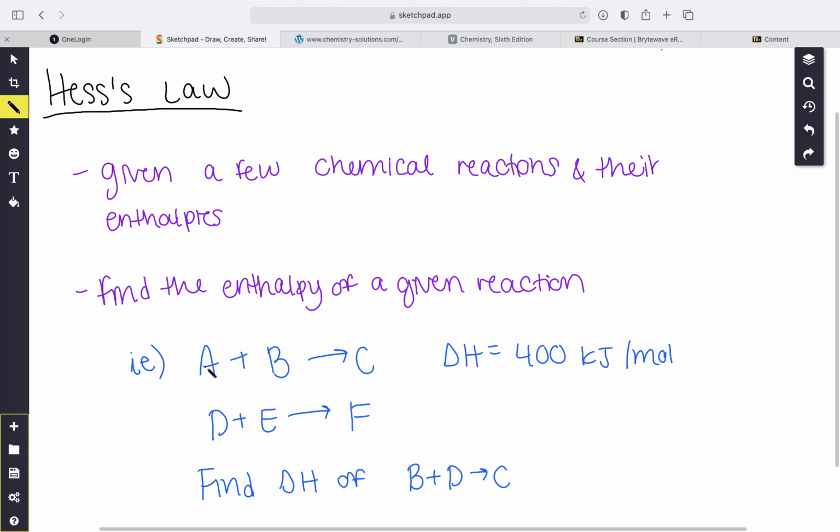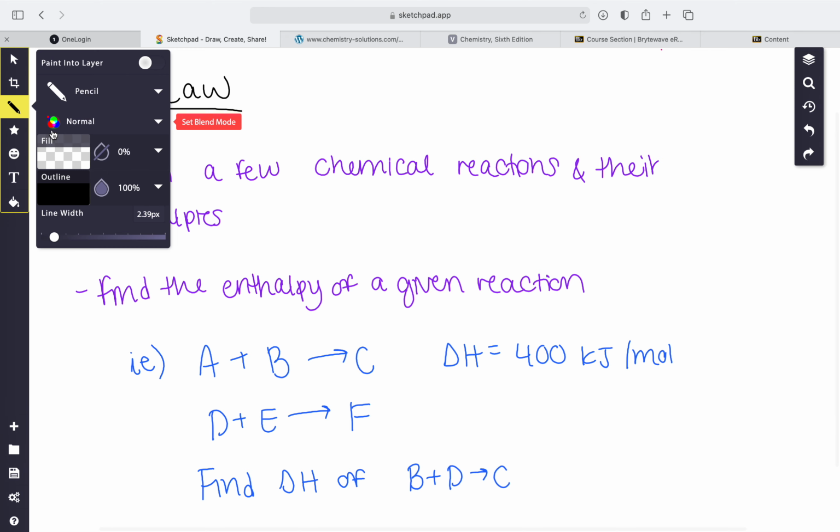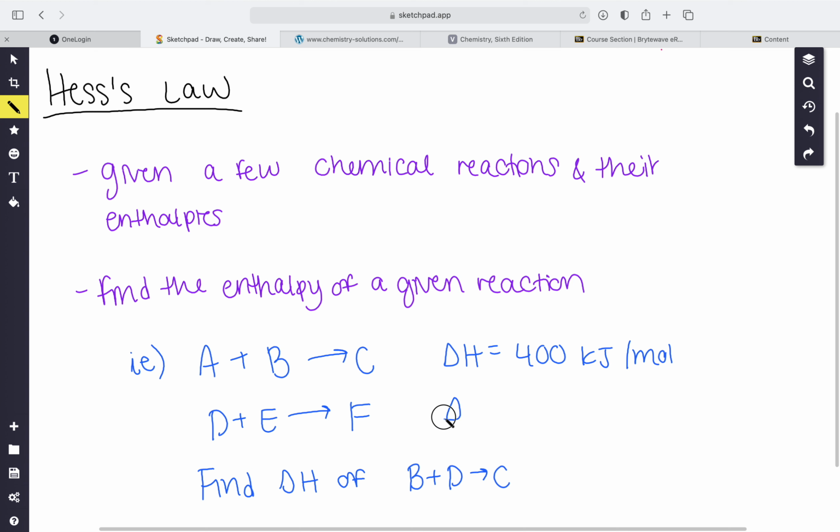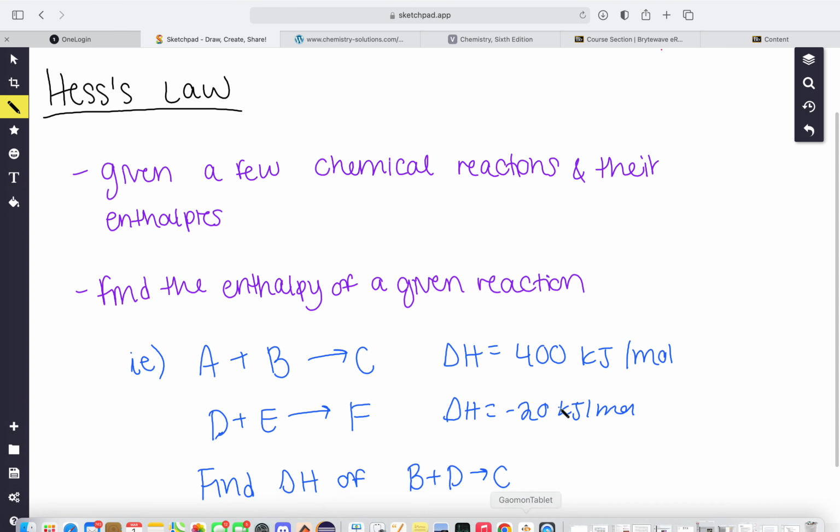Say that we have something like A plus B yields C, and the change in H is 400 kilojoules per mole right here. And then down here, we have D plus E yields F, and the change in enthalpy is going to be negative 20 kilojoules per mole, right?